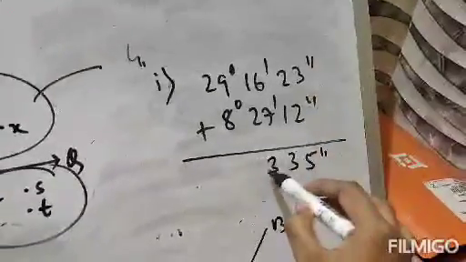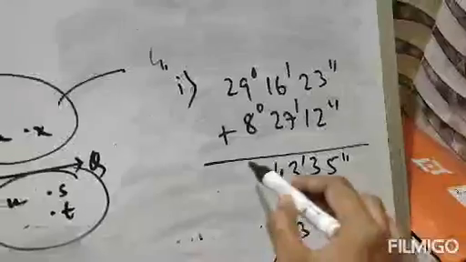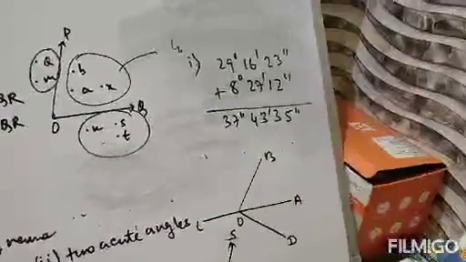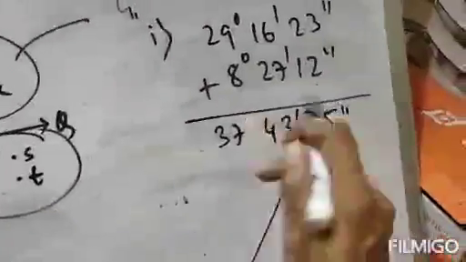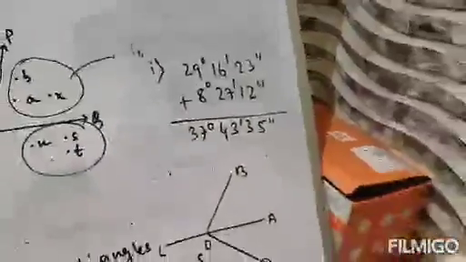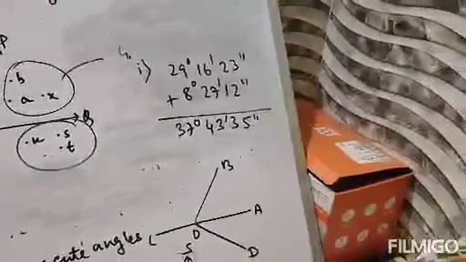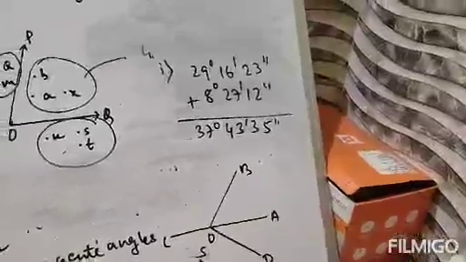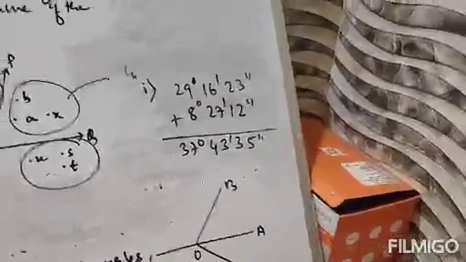Then 7 and 6 are 13, carry 1, 2 and 1 are 3, and 1 is 4, so 43 minutes. And 29 and 8 are 37. So 37 degrees 43 minutes 35 seconds.